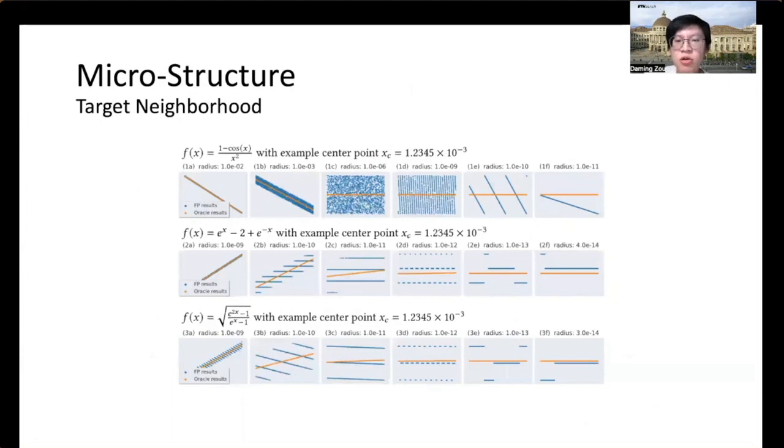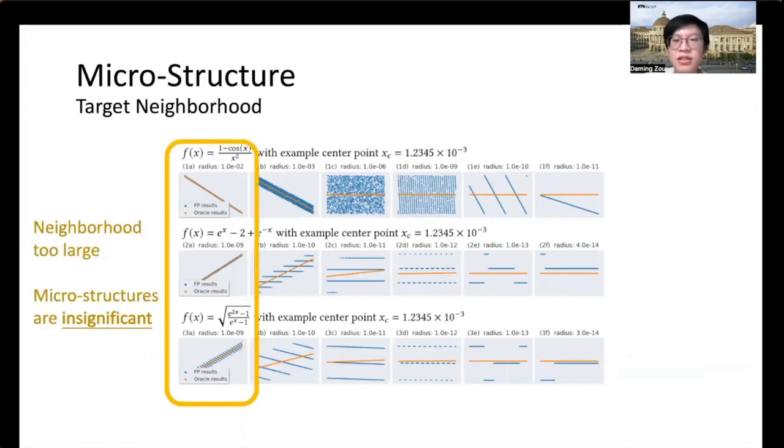To use a neighborhood for estimating an oracle, a suitable one should satisfy 2 basic principles. On the left hand, the value change inside the neighborhood mostly comes from the function itself, but not the floating point errors. So the microstructures are insignificant in this column. Since we want to observe the floating point errors rather than the function values themselves, the microstructure should be significant.